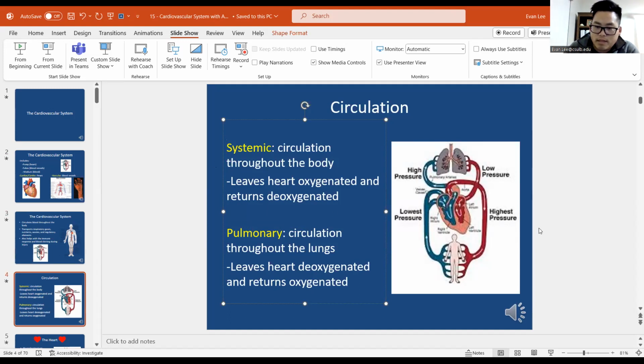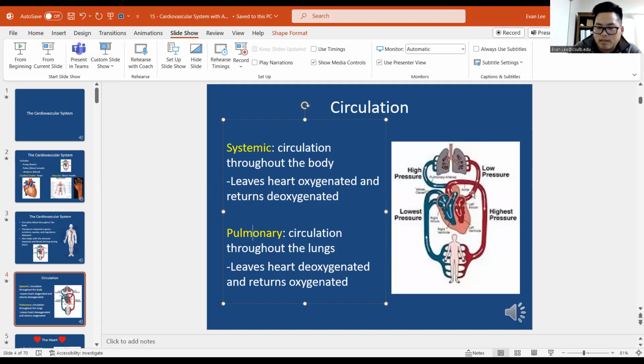If you look closely at this diagram, over here you have the lungs. This blue color is indicating that it's deoxygenated, meaning that there isn't a lot of oxygen. But once it goes to the lungs, where we breathe in air so that we can pick up oxygen, you get that oxygen and then return back to the heart as oxygenated blood.